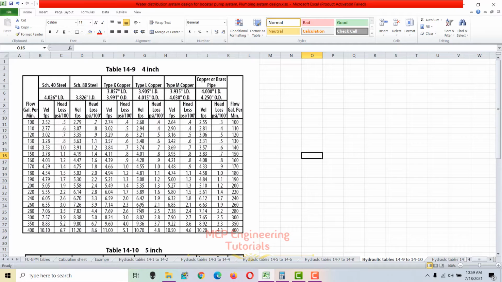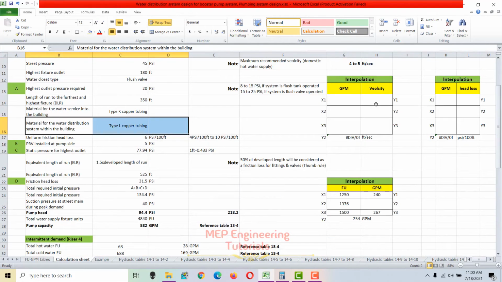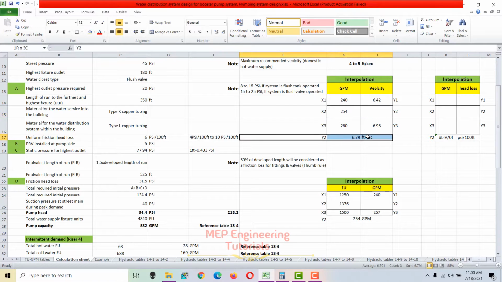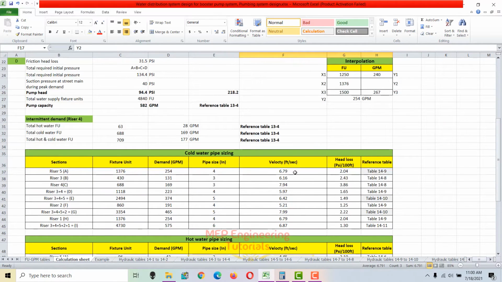So we will use the interpolation formula to get the value at 254 GPM. How much is the velocity calculated at 254 GPM? That is 6.79 feet per second.